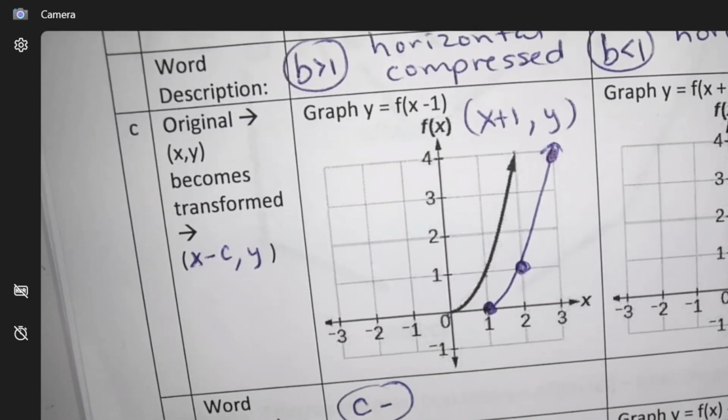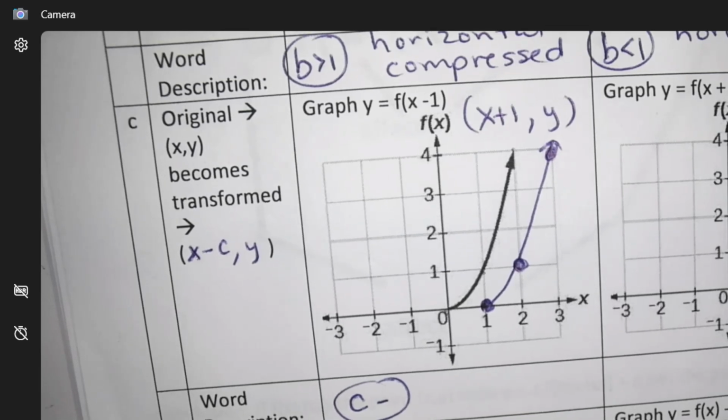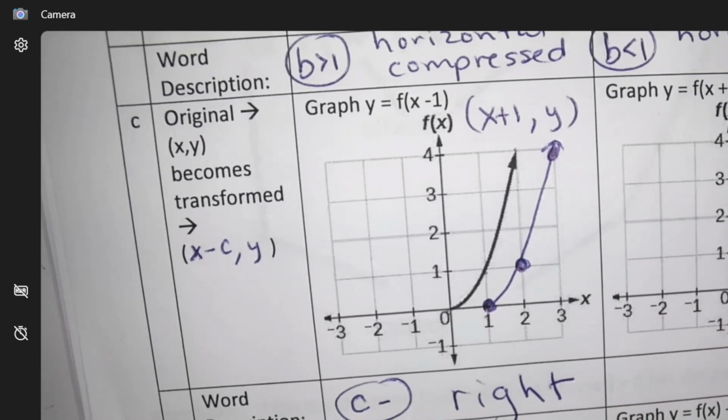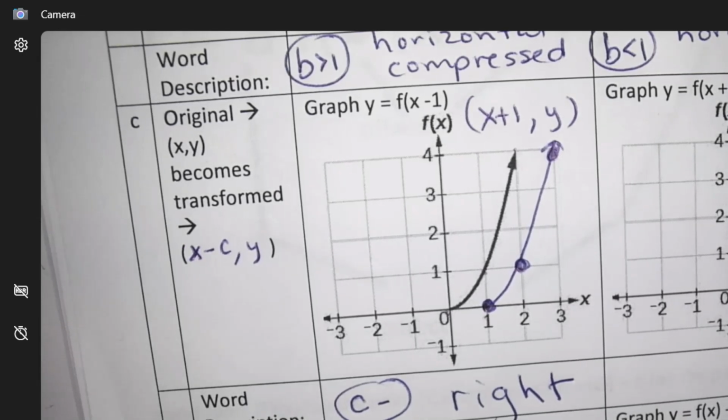Okay, so if C is a negative value, if C is a subtract number, you are actually going to move to the right. I'm okay if you just say right.